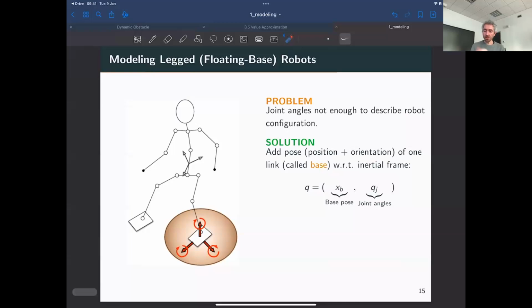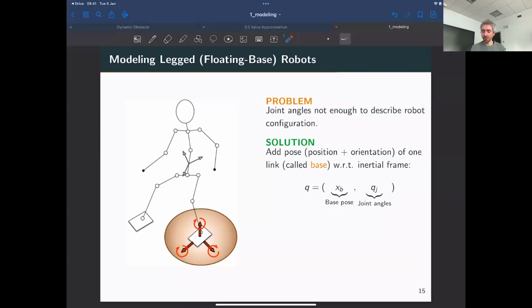So the solution that has been adopted is to extend the robot configuration with a vector representing the position and the orientation of one of the rigid bodies of the robot. This one special rigid body is called the base frame, the base body, or just the base.